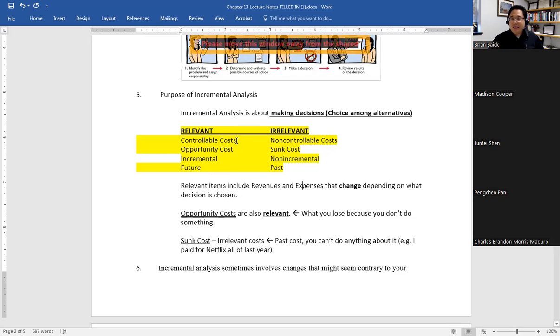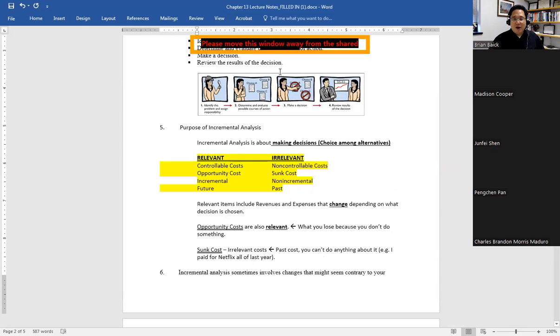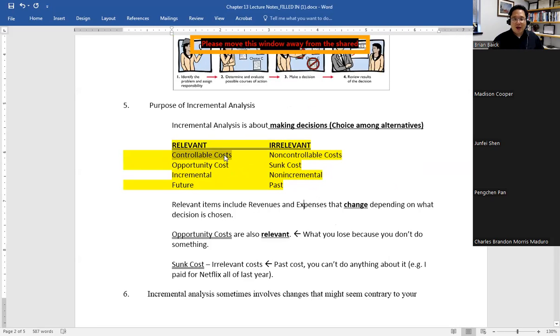It's pretty easy to think about what is irrelevant, because irrelevant is basically the opposite of what's relevant. If controllable costs are relevant, then non-controllable are irrelevant. If you have an opportunity cost, that means what are you giving up because you don't do something? A sunk cost is the opposite. A sunk cost has already happened. It's not going to change.